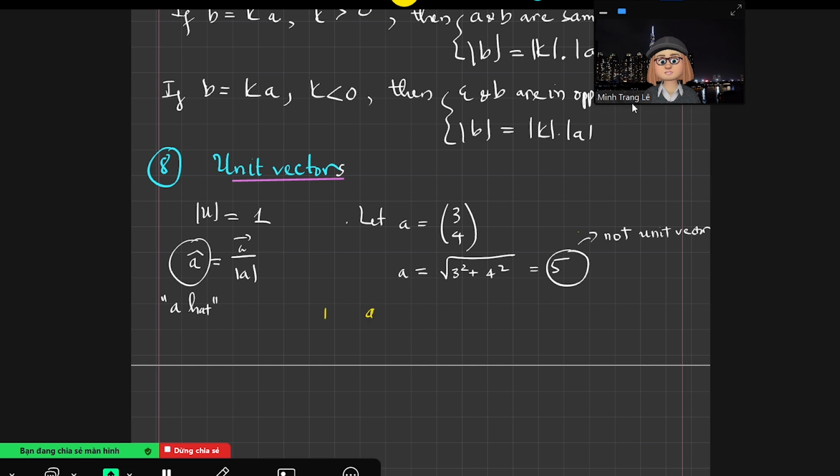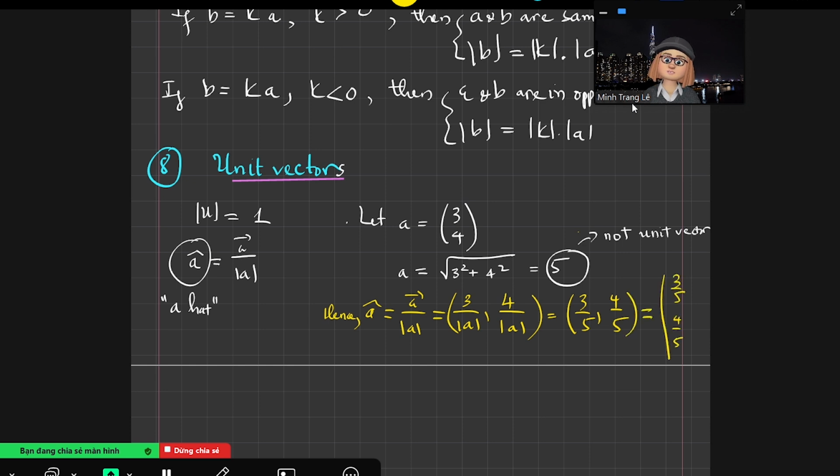Hence, a hat equals vector a over the magnitude of a, equals 3 over the magnitude of a, 4 over the magnitude of a, equals 3 over 5, 4 over 5. And we can display this as a column vector like that.